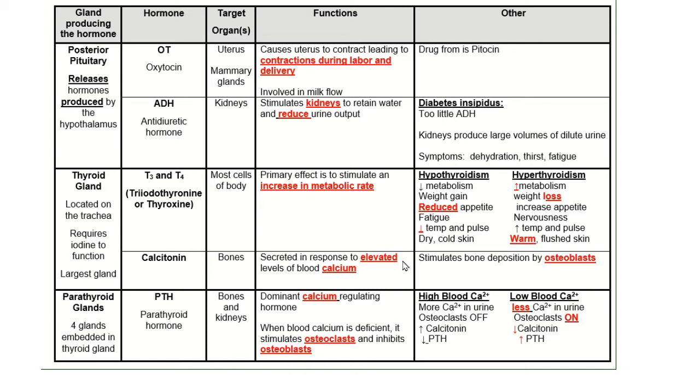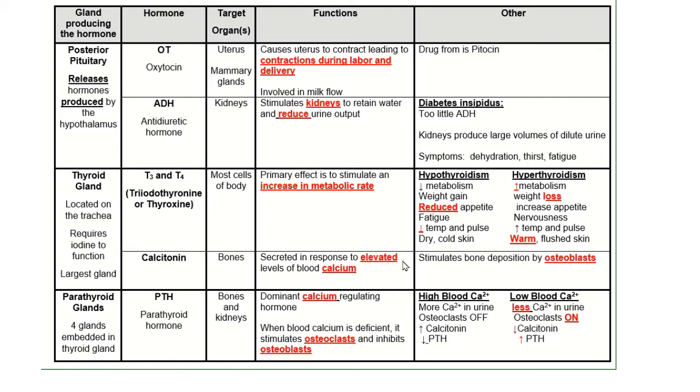Calcitonin's job is to be secreted when you have elevated calcium levels. So if you've just eaten a large meal with lots of calcium, ice cream, cheese, dairy, etc., calcitonin will be secreted to bring your levels back down. Calcitonin stimulates your bone to deposit more bone by increasing the rate of osteoblasts.